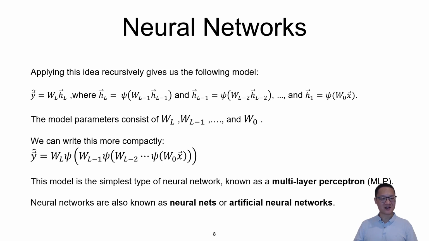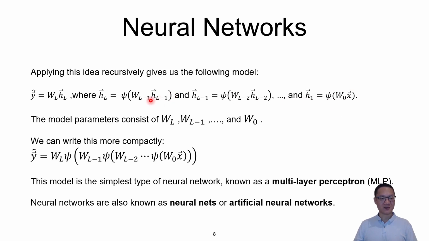So continuing from last time, our predicted output is going to be some weights times a learnable feature. And the learnable feature is given by a function psi of some weights times another learnable feature, h_{L-1}, and so on, all the way down to whenever we're tired of so many layers, then we say h1 equals psi of w0 x, and we leave it at that.